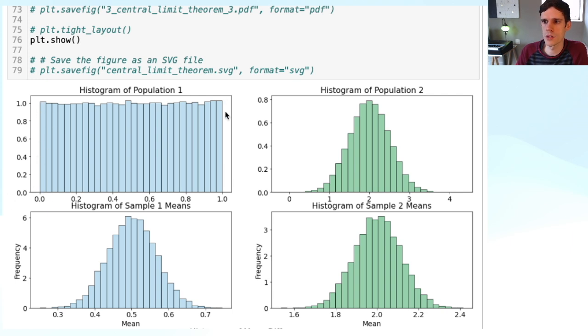It's just a large rectangle between the values 0 and 1. Even though population 1 is not normally distributed, the distribution of sample statistics is normally distributed, and it is centered around 0.5. Now, 0.5 is indeed the average or the mean of our population 1.